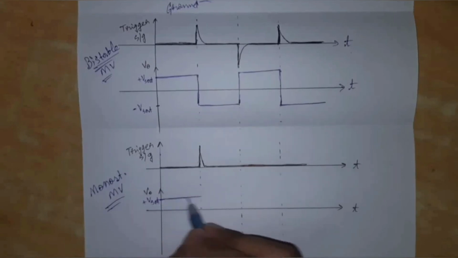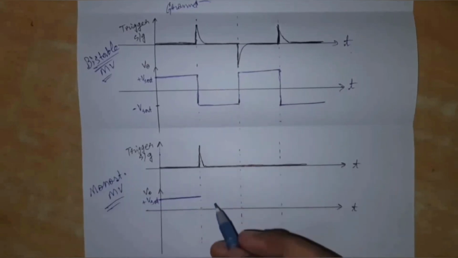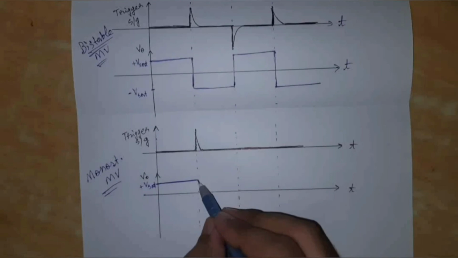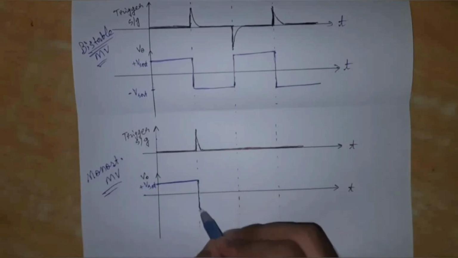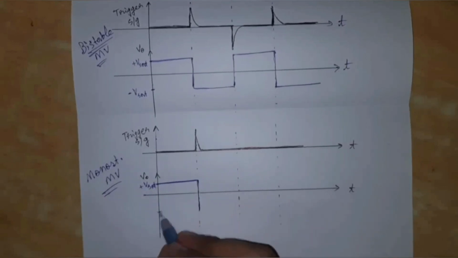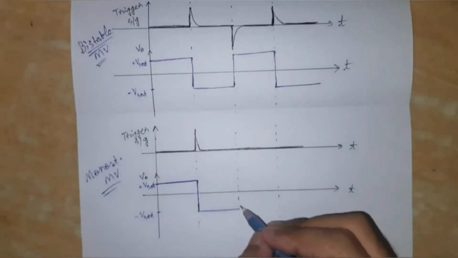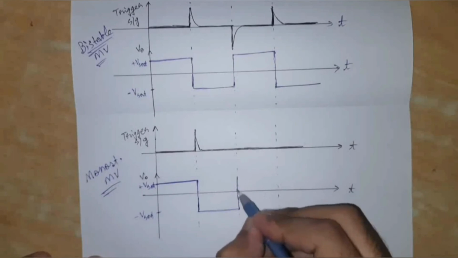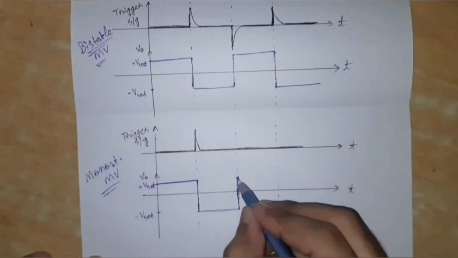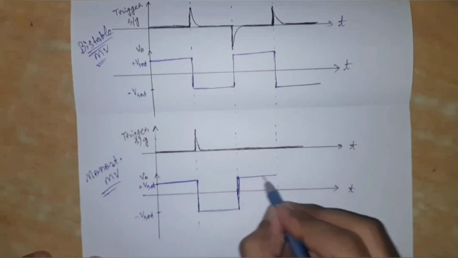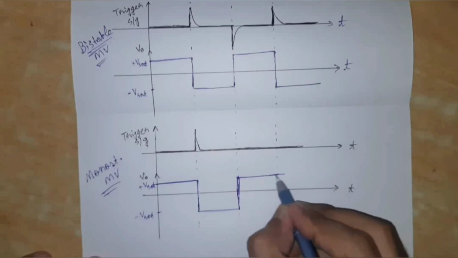So this is the stable state. When a trigger signal is applied, the output changes to the second state which is an unstable one. Let this be minus VSAT. It goes on for some time, and then again it goes back to the stable state, that is plus VSAT here, until another signal is applied.